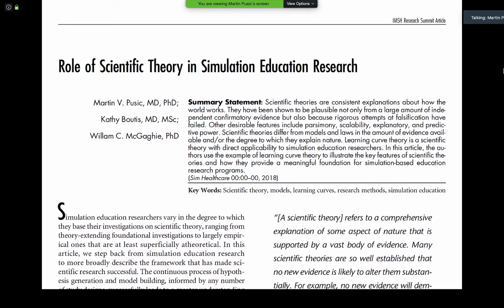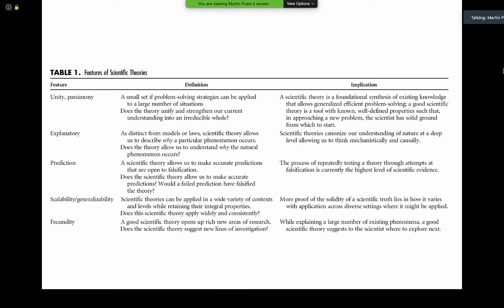In that paper, we go through some of the features of scientific theories, and this has evolved through the philosophy of science movement. I won't go through each of these things, but a good scientific theory has properties that tell us it's a good scientific theory. It's scalable and generalizable. It allows us to predict with certainty what's going to happen.